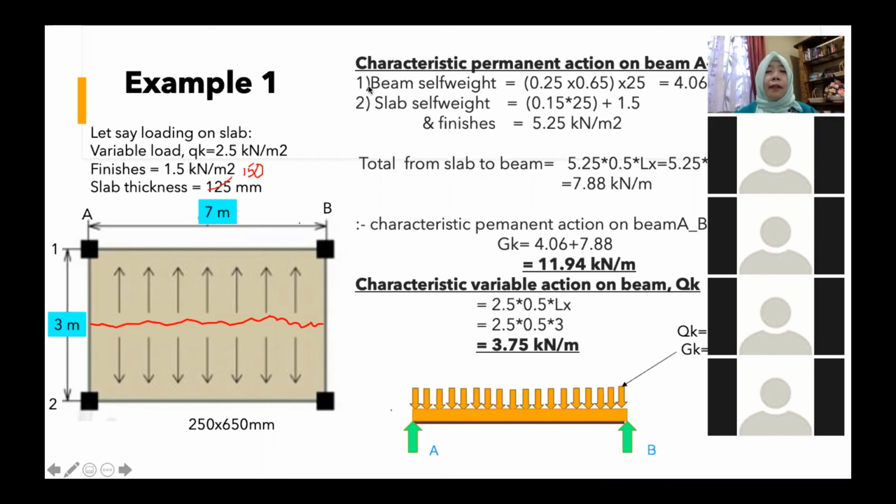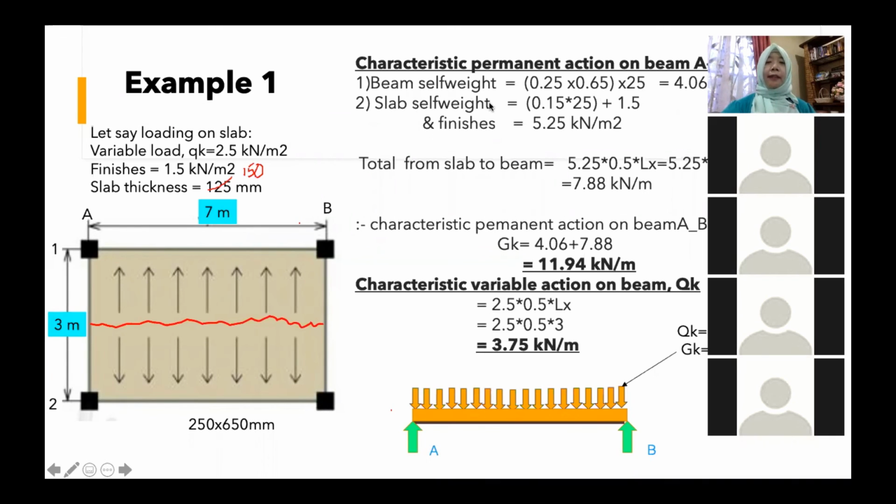The first one is beam self weight: 0.25 times 0.65, the size of the beam, times the density of concrete, 25. You must remember this 25, a fixed value for concrete. So you get 4.06 kilonewton per meter.